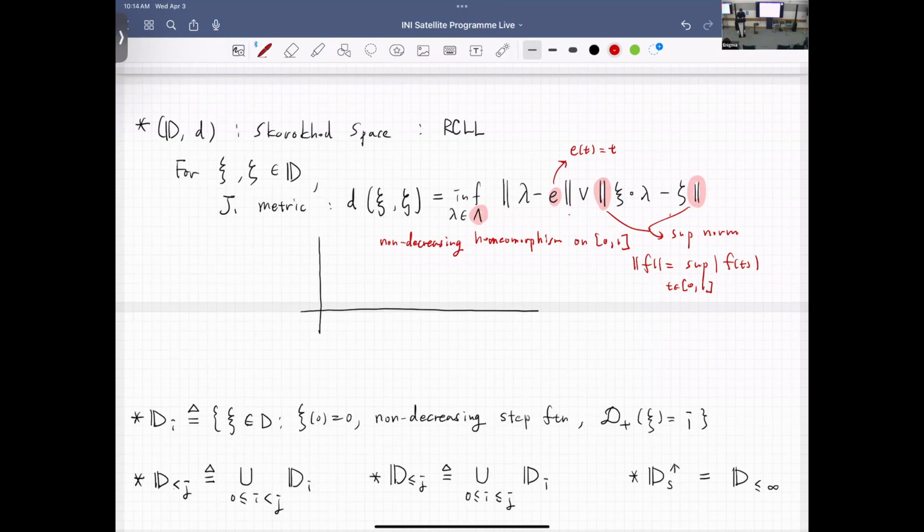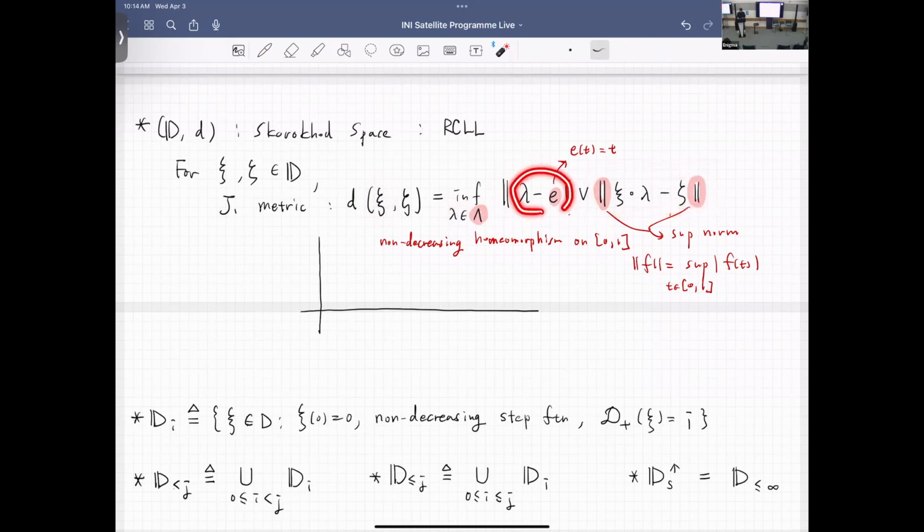So what this means is that here lambda, you can think of it as a deformed time. You distort time a little bit, so on one of the paths you distort time, the other one you keep the same, and you can make it as close as possible.